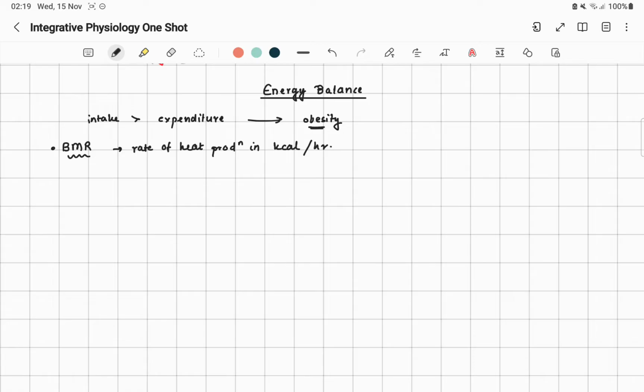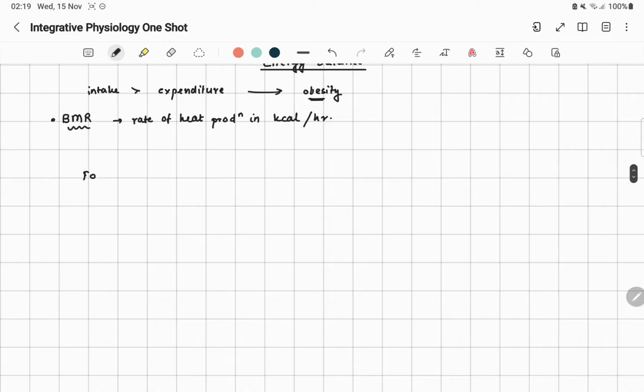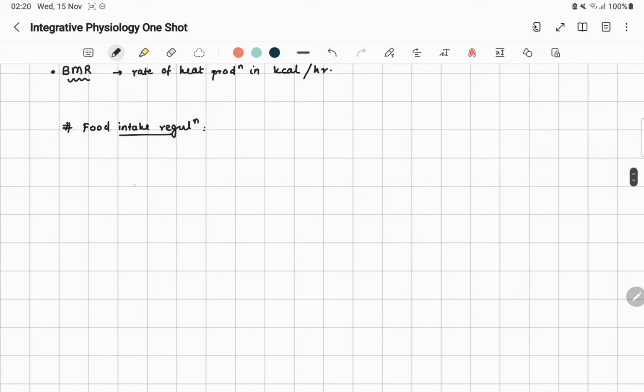Then how is food intake regulated? If you are hungry, normally the food intake is regulated by the hunger and satiety centers in the hypothalamus.